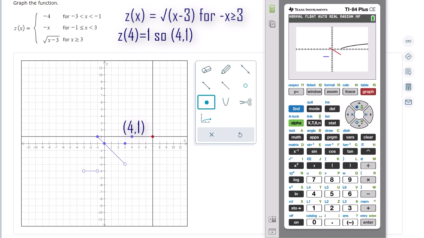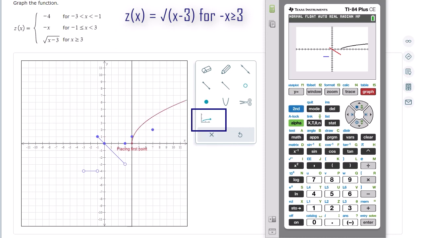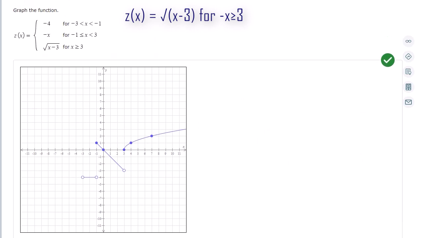And if x equals 7, that's 7 minus 3 under the square root. Square root of 4, that'll be 2. So I'm going to connect this graph right here, this point and this point. And then I would hit the check button, and it tells me I'm graphing this correctly.